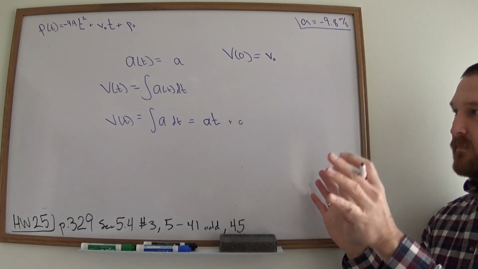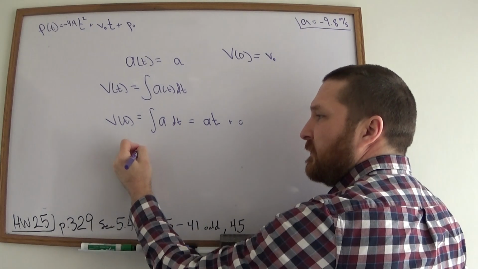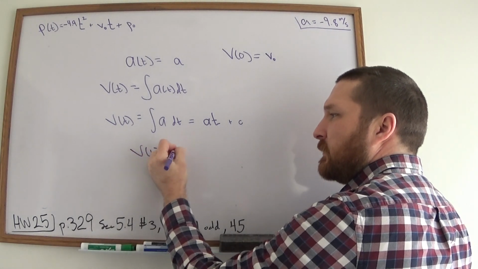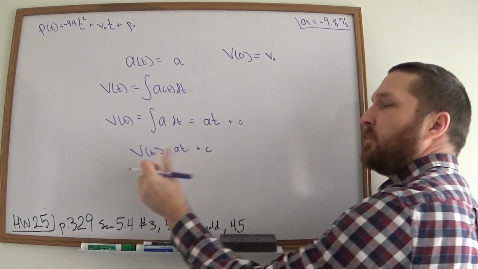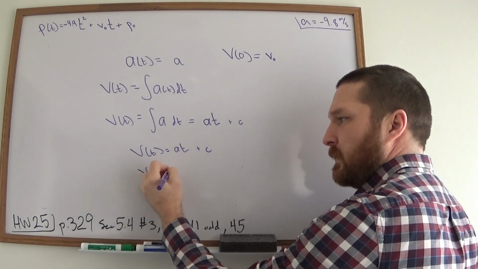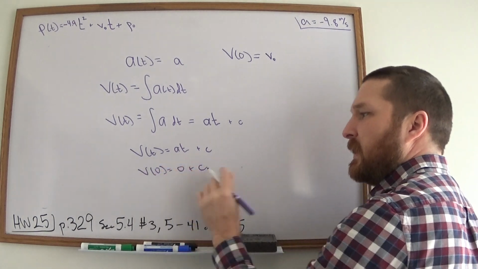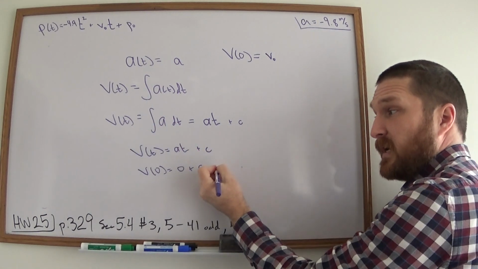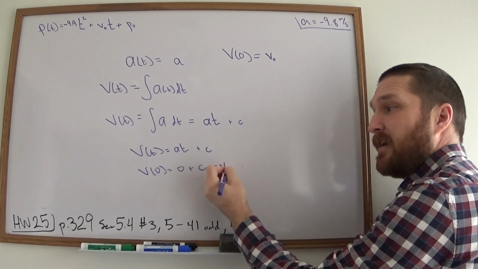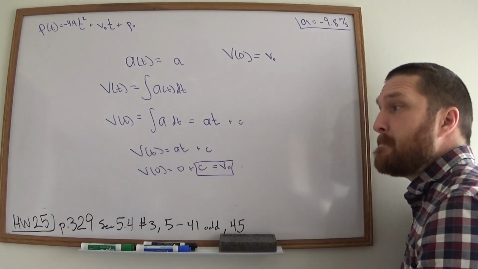We'll just call it v0. Okay. So if v of t is equal to at plus a constant, then when I plug in a 0, I get 0 plus c. So that constant must be whatever the initial velocity is, whatever the velocity is here at time 0, right?